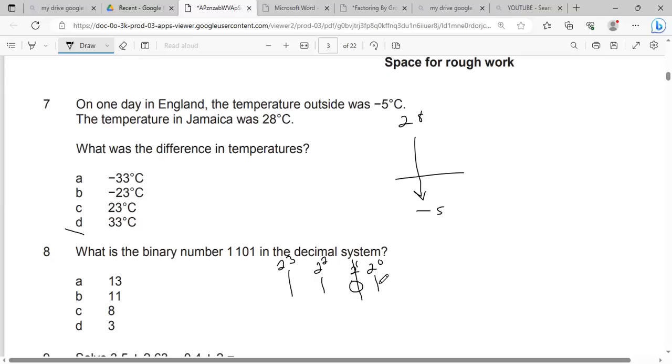So for this, we multiply 1 times 1, which gives us 1. 2 to the 2 is the same as 4. 2 times 2 is 4. 4 times 1, 4. And we do the same thing for this. 2 to the third is 8. So it's 8 times 1. So you have 8 plus 4, 12, and 1, 13. So for that, our answer is A.